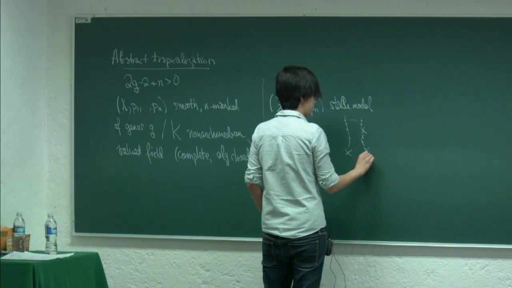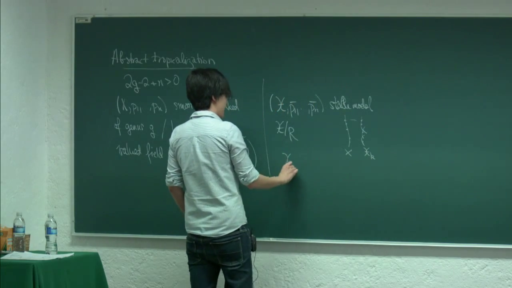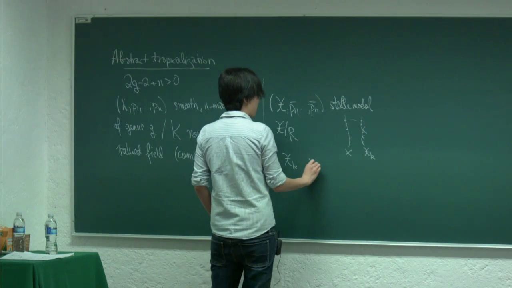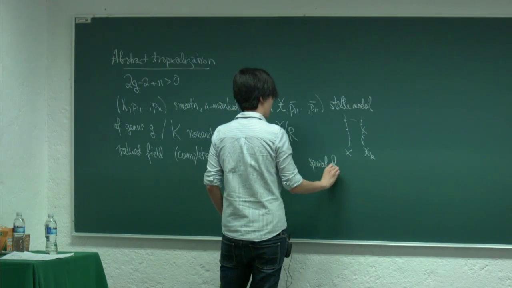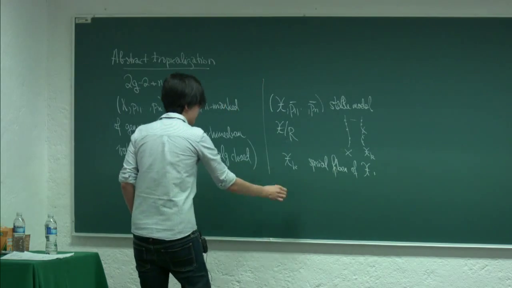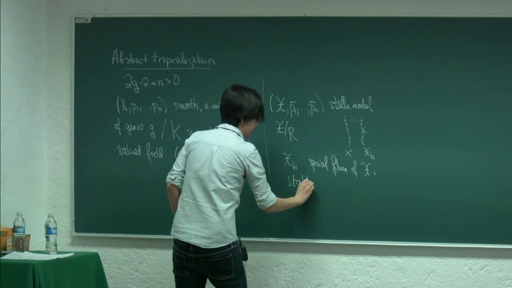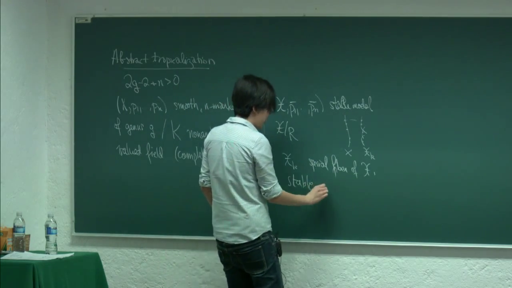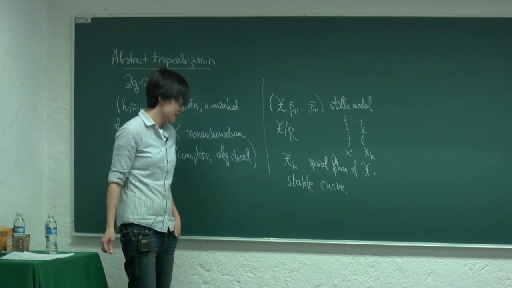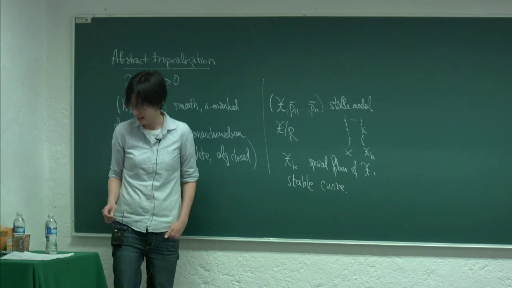So here I was calling this curly X sub little k, the special fiber of curly X. And this is precisely a stable curve, again of the same genus by flatness, say, and with the same number of marked points.